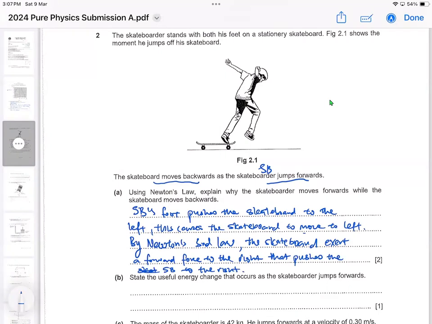It's something like this. Okay, so this is more of an action reaction.